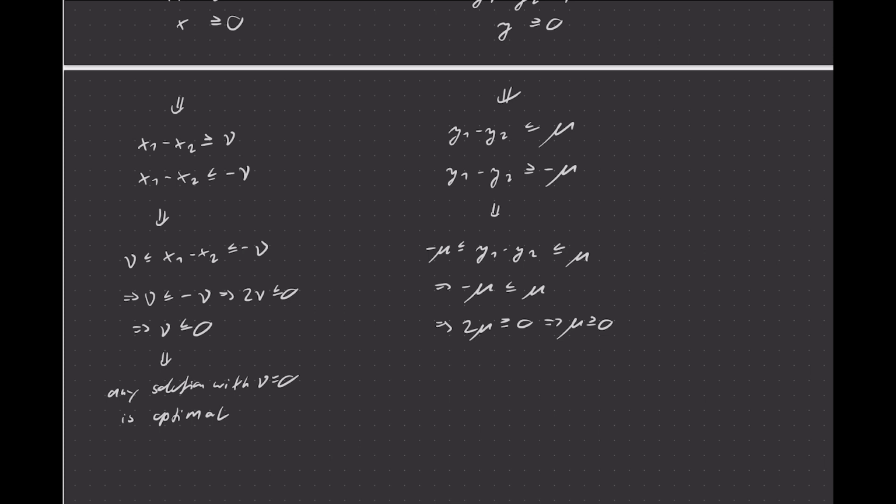Now we minimize. Mu is surely greater or equal to 0 if we have a feasible solution. So the best we could get is equal to 0. And that means, in this case, any solution with mu equal to 0 is optimal.